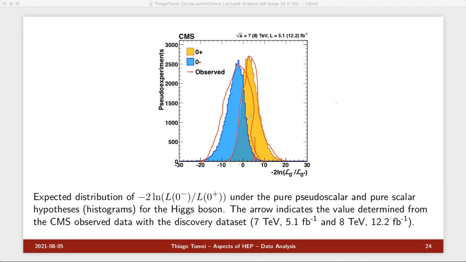You can see here that there is some overlap, which means that it's not perfect. It's not a 100% separable thing, but fine. These, by the way, are called the scalar and pseudoscalar hypotheses. And then you run simulations to find out these two distributions, and then you check where the actual number lies with the true data.